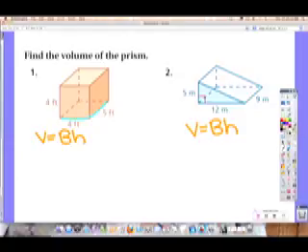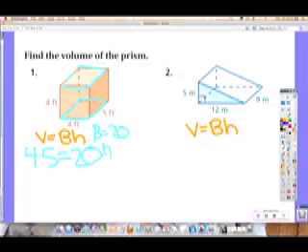So that's the capital B. And then the H, the height is 4. So you multiply those together and you get 80. How many of you got the same thing? All right, anybody willing to take over on the triangular prism?